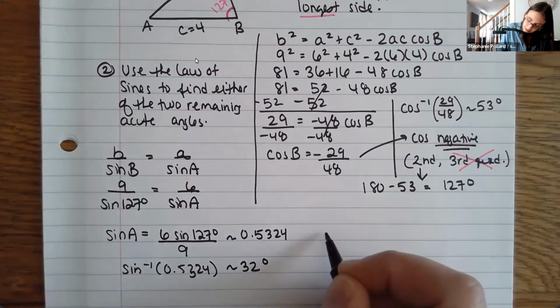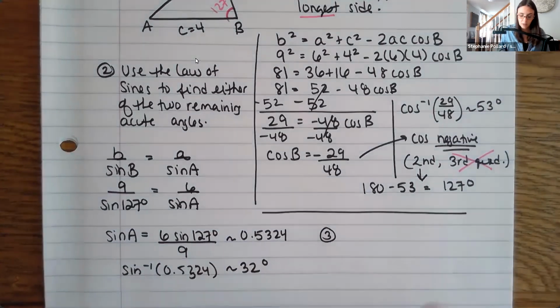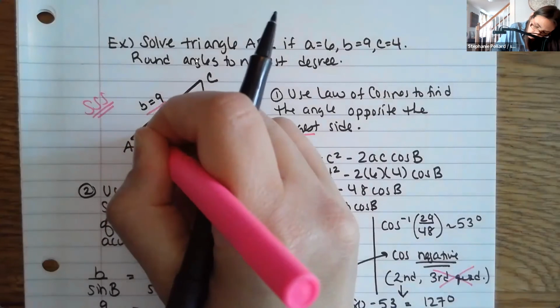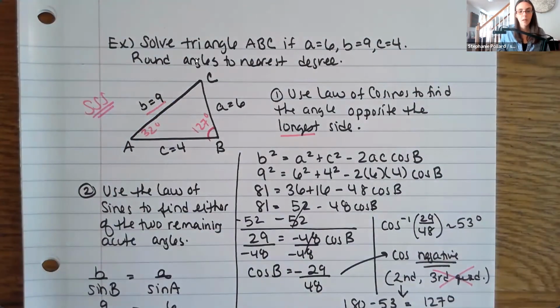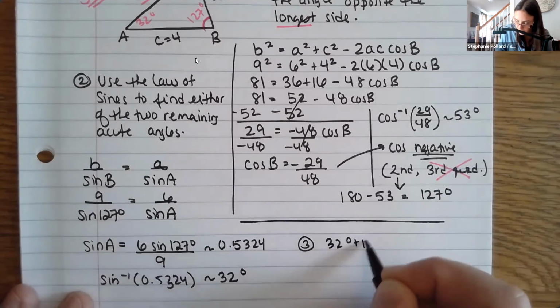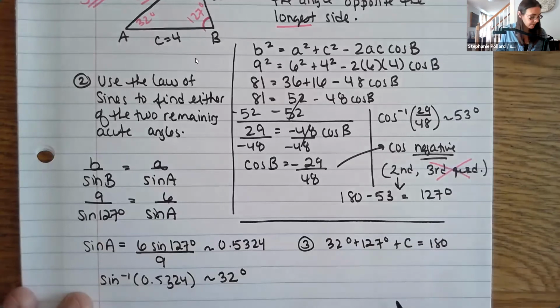And then your last step is just going to be the final angle. So we have that angle A is 32 degrees. So I know that 32 degrees plus 127 degrees plus whatever angle C is going to be 180 degrees.